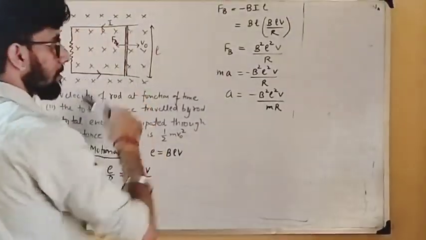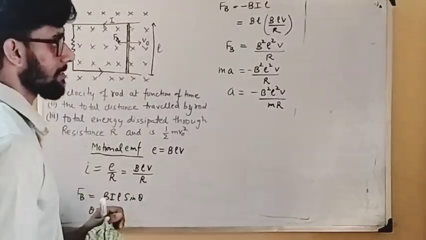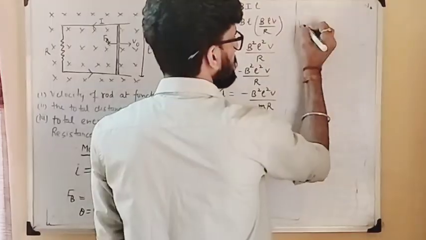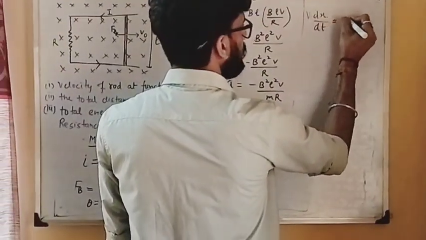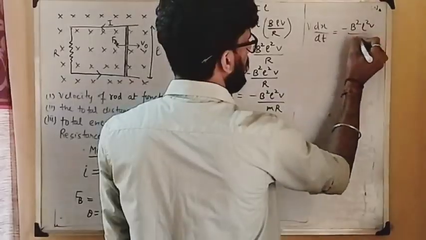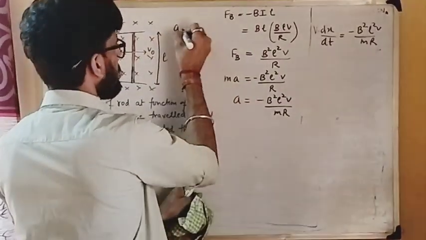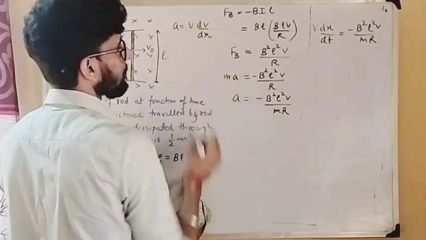Now, to find the distance, we have to write this acceleration relation in terms of distance. We know the relation that acceleration is equal to v dv upon dx.